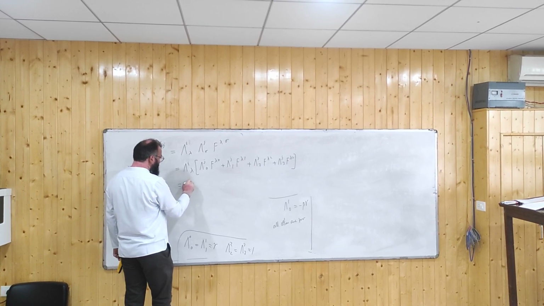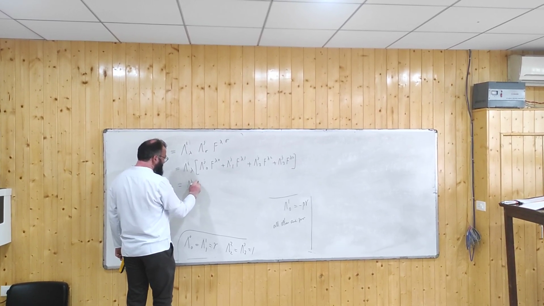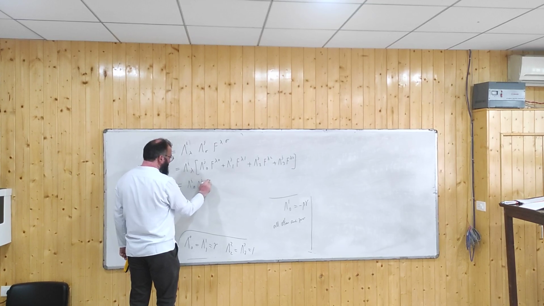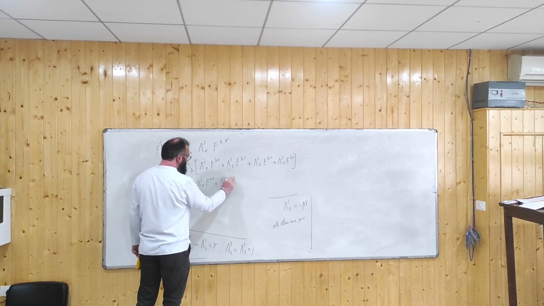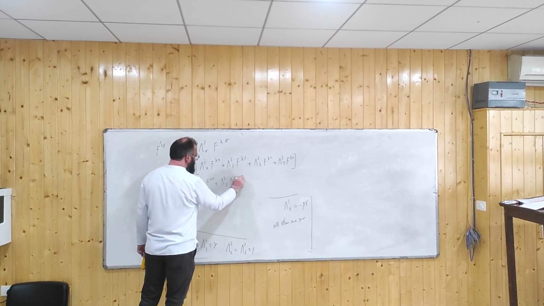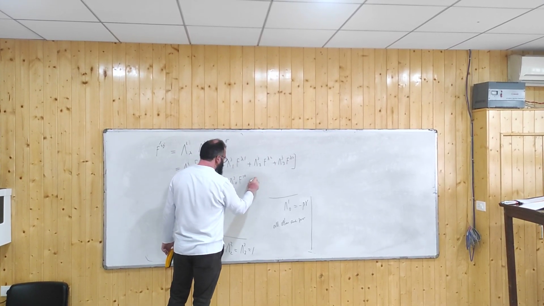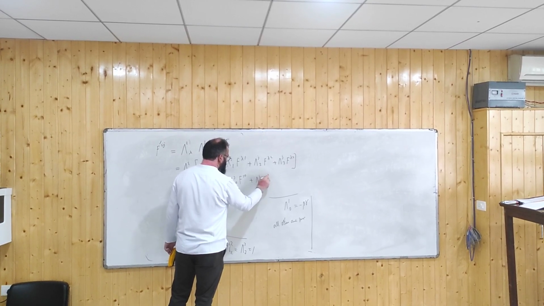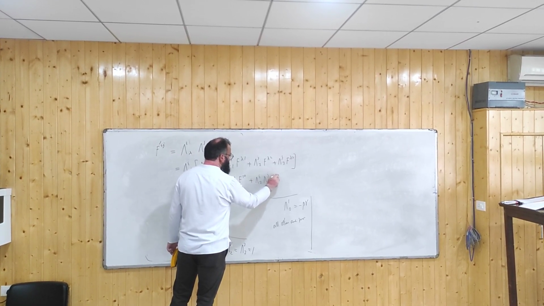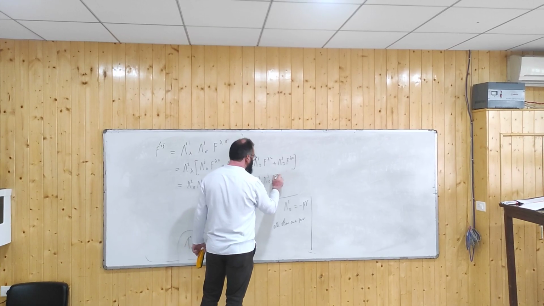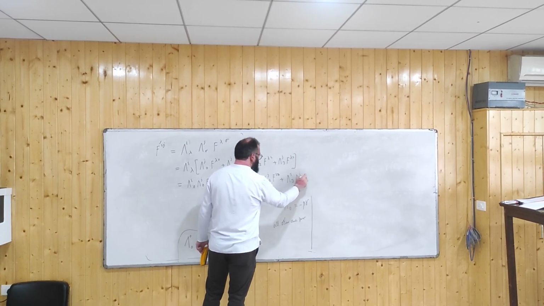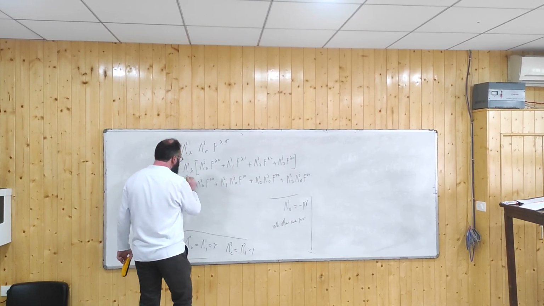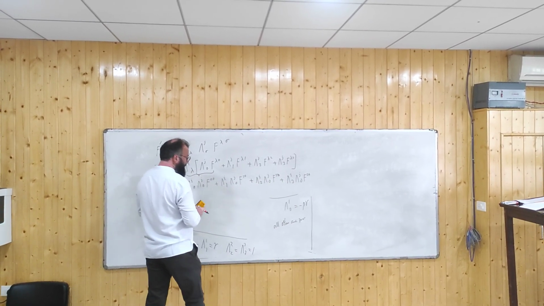So what it will be? Lambda i0 lambda j0 F00 plus lambda i1 lambda j0 F10 plus lambda i2 lambda j0 F20 plus lambda i3 lambda j0 F30. So it is this very term.